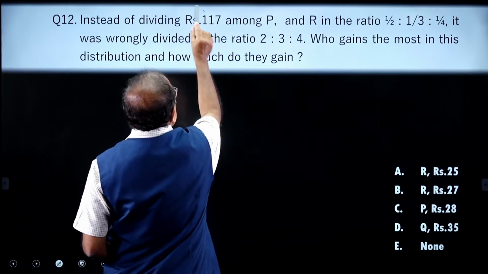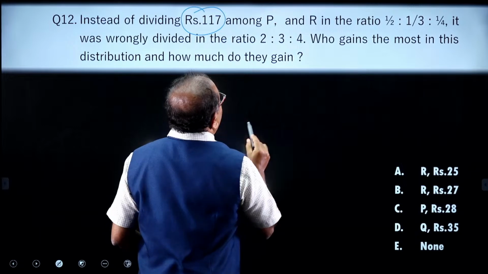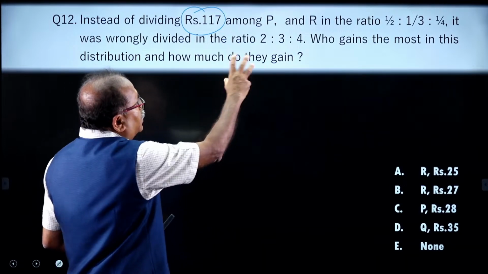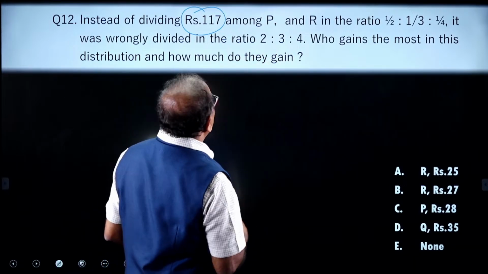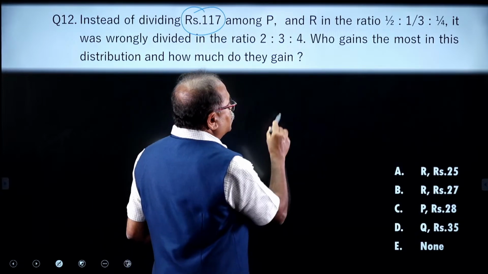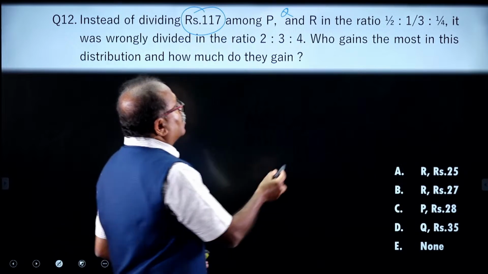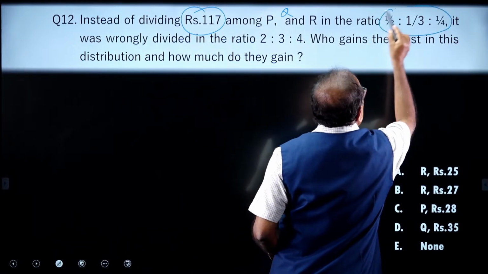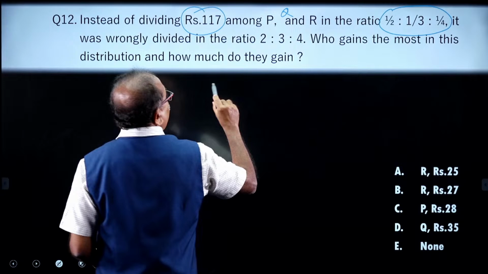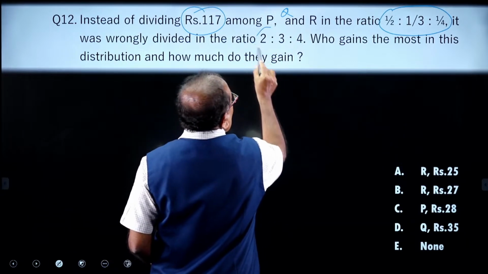Instead of dividing rupees 170 among P, Q and R, I think there is a printing error, P, Q and R in the ratio of this. Okay, all are similar, wrongly divided in the ratio of this.